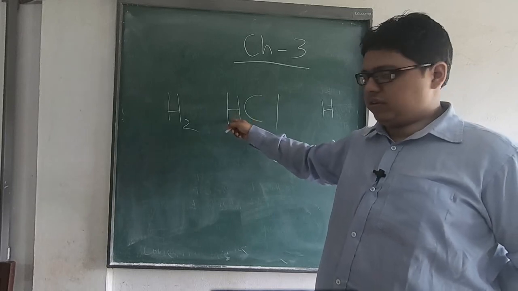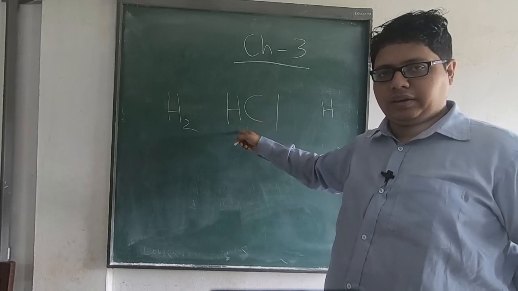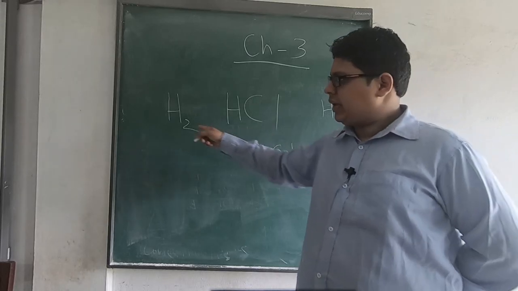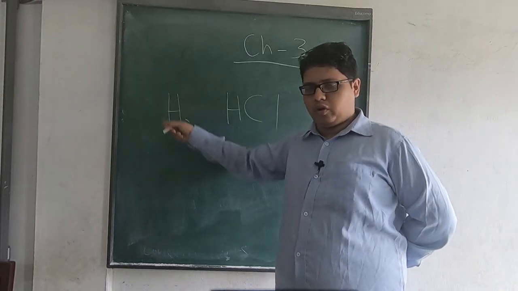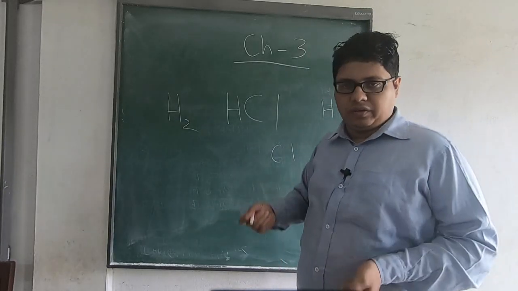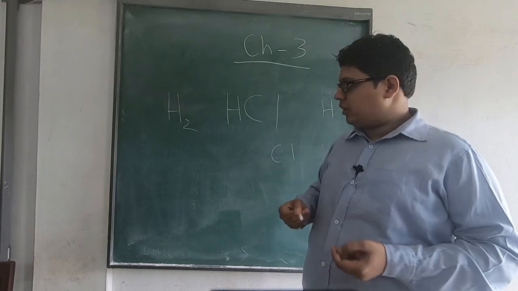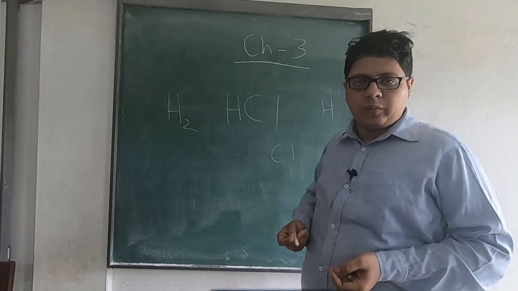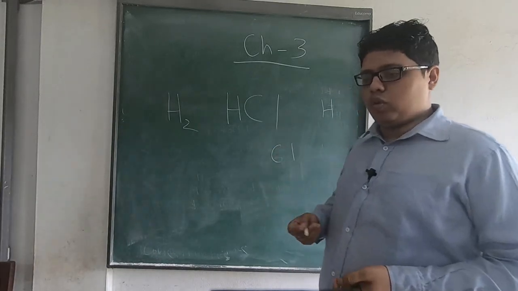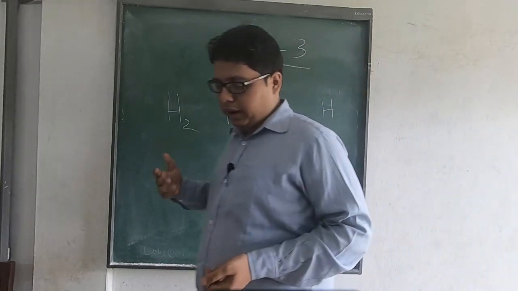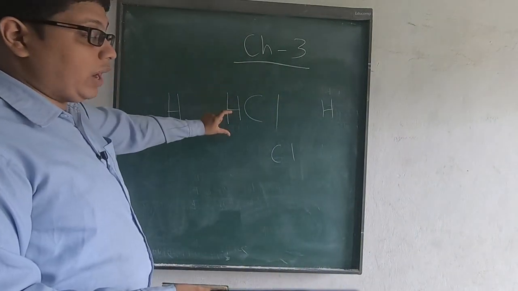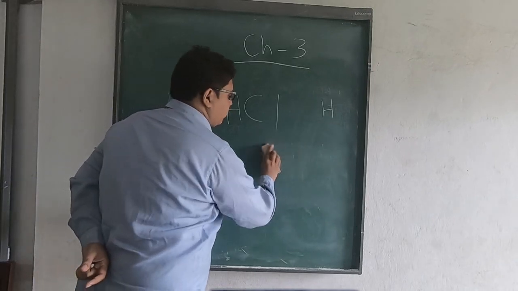Since it is made up of two different types of atoms, it's a compound, right? And it's an element because both the atoms are of the same type. That's what we discussed in the previous class. But now let us elaborate a little bit on this. Whenever we are trying to write the name from the formula, we need to remember certain things.